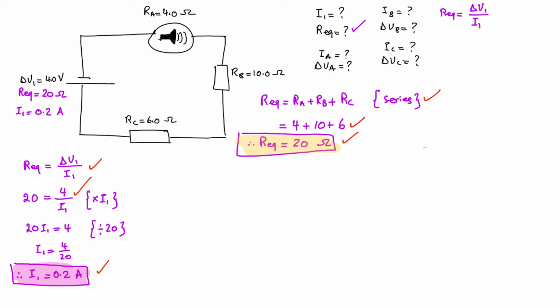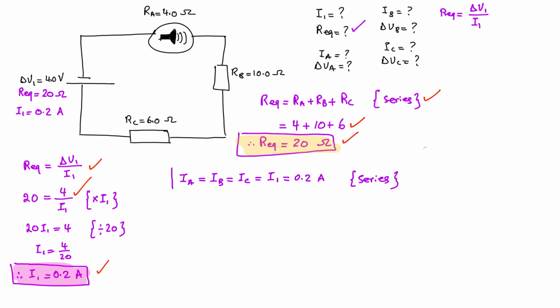So since that's the case, then I know that IA is equal to IB, which is equal to IC, which is equal to I1, because all of them are the same, which is equal to 0.2 amps. The reasoning here is that these are in series.